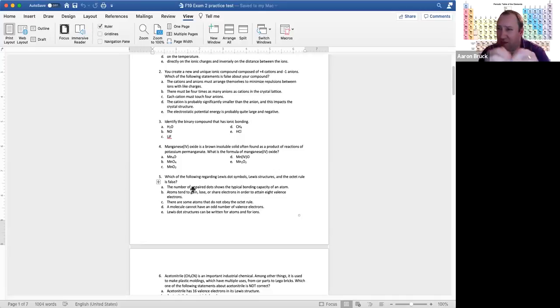I think it's somewhere in the neighborhood of 0.6 to 0.9. Chlorine's 3.0, hydrogen's 2.1 or 2.4. So if we're looking at electronegativity difference as the hallmark for determining polar versus ionic, lithium fluoride is going to have a much larger difference in terms of its electronegativity, and that's going to give it its ionic character.